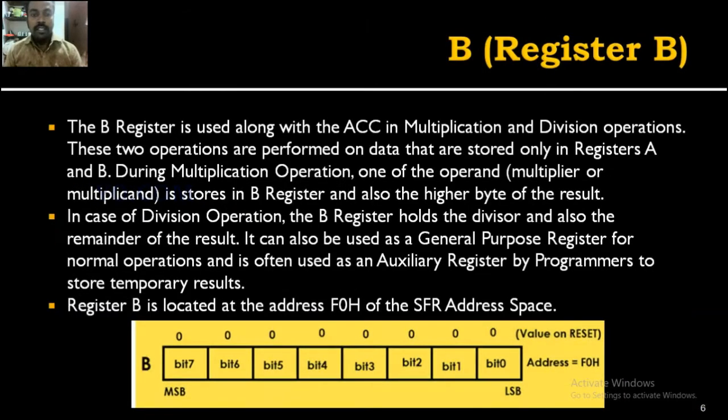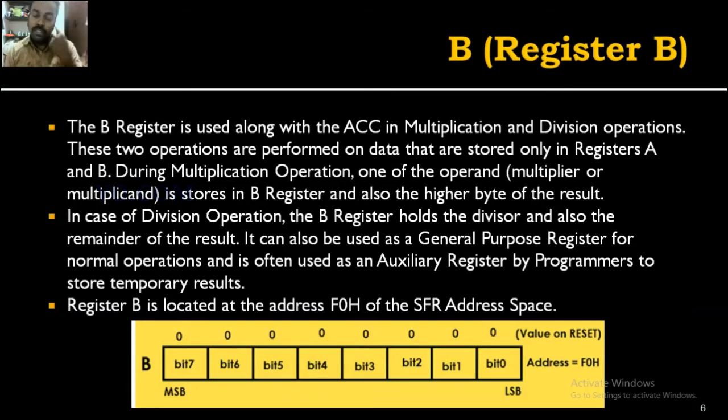Then the second register is the B register. The B register, combined with the A register, performs some operations to store the data. The B register is used during multiplication and division operations.